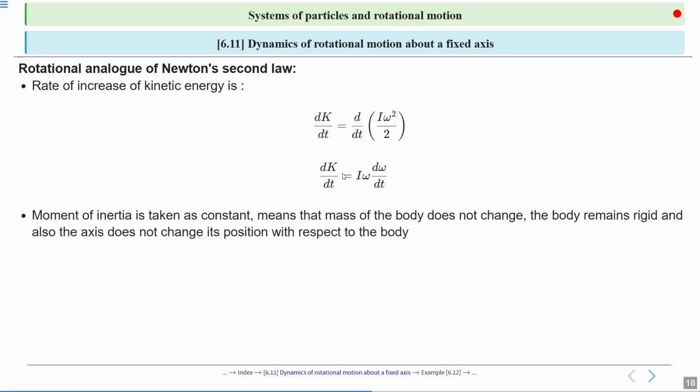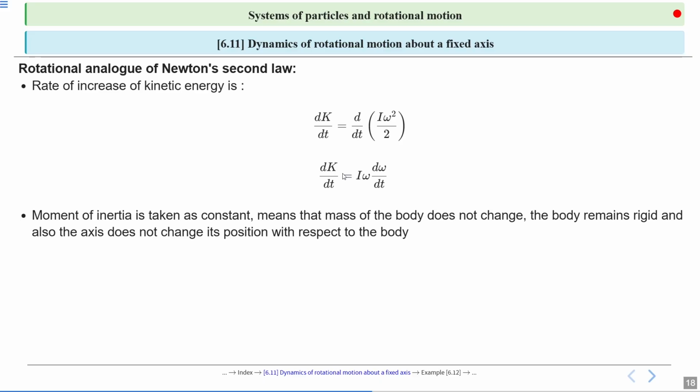So the rate of increase of kinetic energy, just put the value of K in differentiation form. You will get dK upon dt is equal to the differentiation of I omega square by 2. So it will be dK upon dt is equal to I omega d omega upon dt. All right. So moment of inertia is taken as a constant.